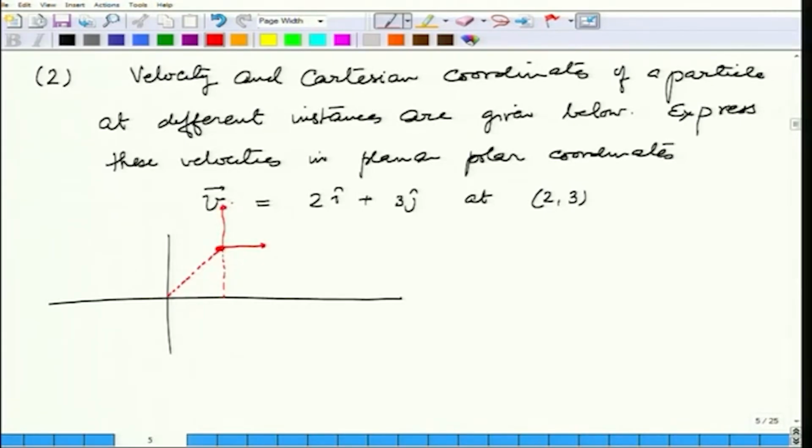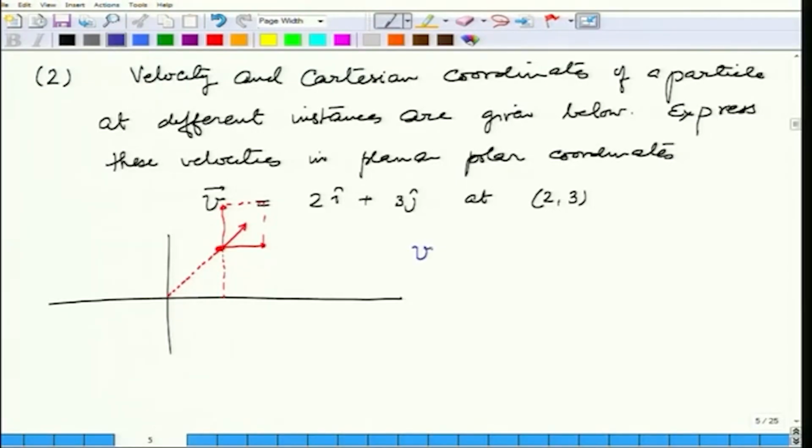So this direction is actually going to be the same as the r unit vector. But let us do it systematically.